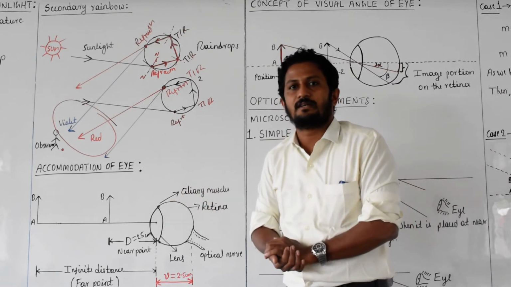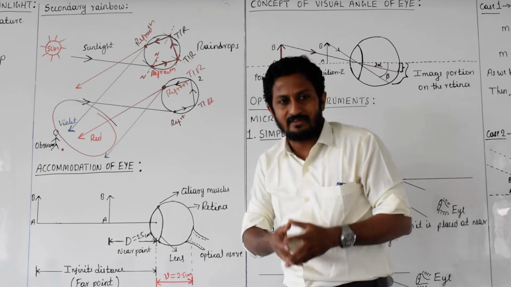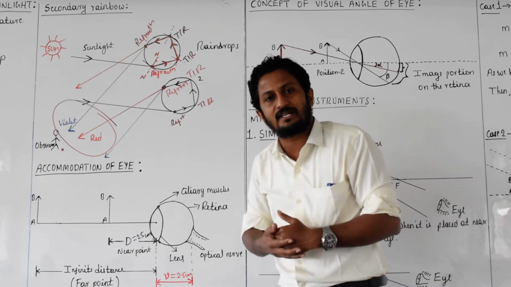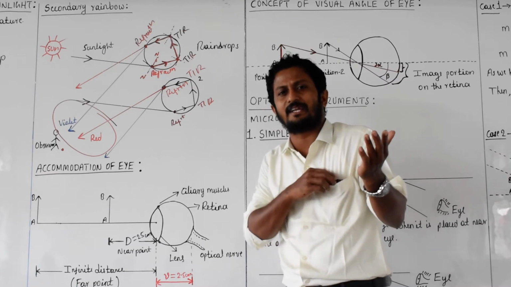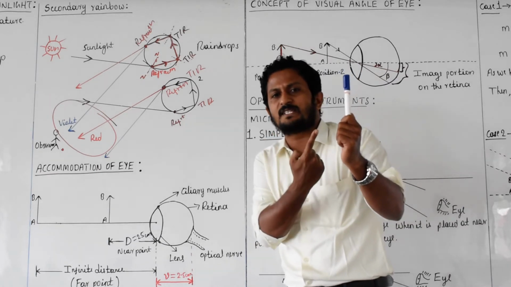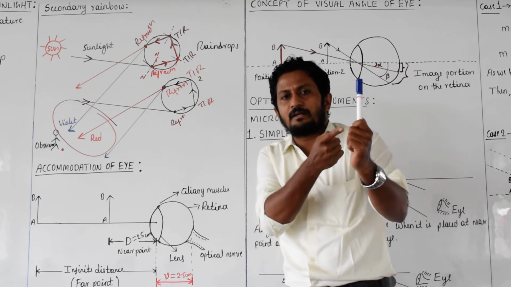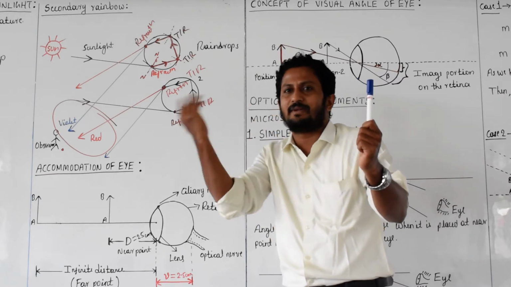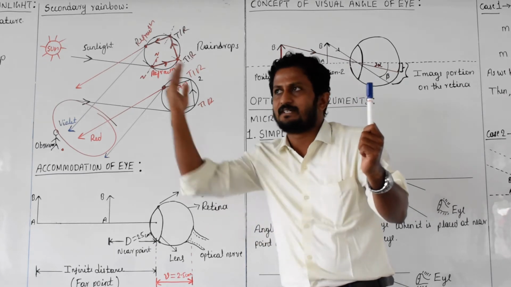See, when we look at any object and are able to see it, what does that mean? From that object light rays are coming. From this marker, I can see this marker, which means light rays are coming from that marker. The marker is re-emitting the sunlight, as we already discussed.